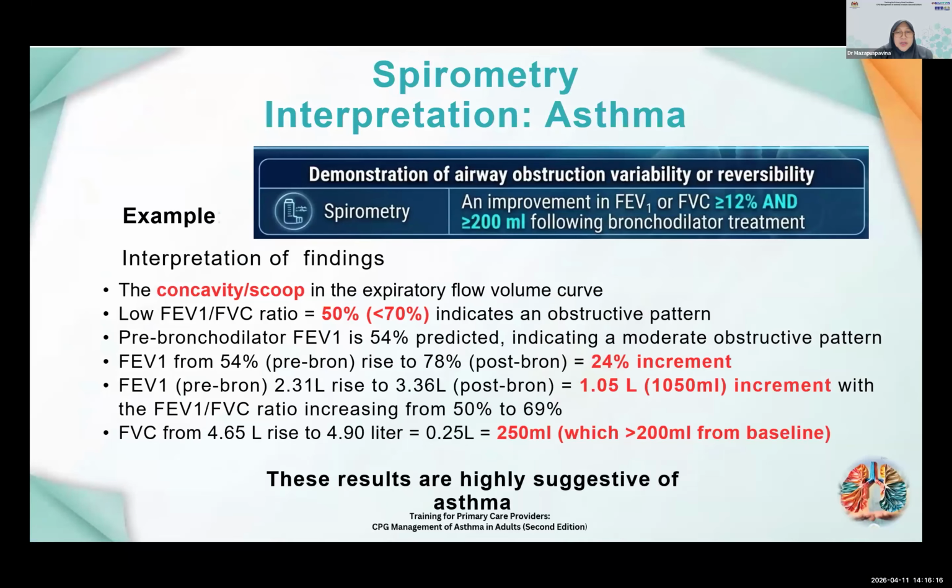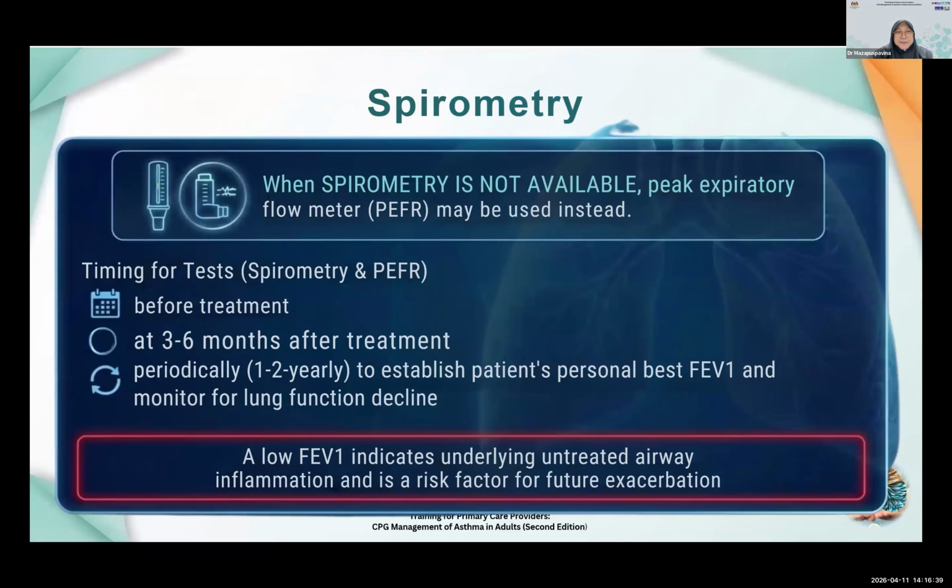Okay, so I'll skip this, just to make sure that you remember the cutoff points. For spirometry, for any airway obstruction, variability or reversibility, FEV1 or FVC improvement of more than 12% and more than 200 mL following bronchodilator treatment results in being highly suggestive of asthma. So when to do spirometry?